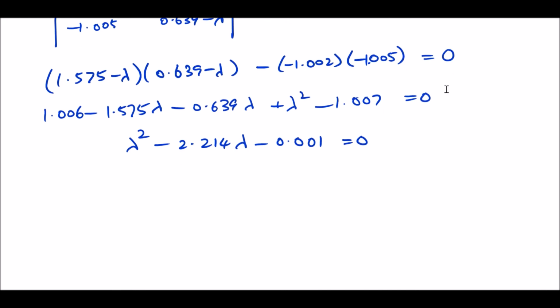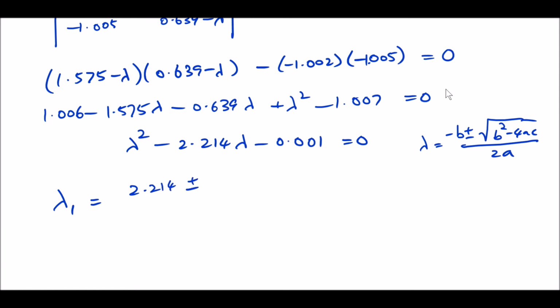This is a quadratic equation, so we have two lambdas. You know what to do: lambda is equal to minus b plus or minus the square root of b squared minus 4ac, over 2a. In this case, b is minus 2.214, and if I take the positive value for lambda 1, I take plus the square root of 2.214 squared minus 4ac. Since c is negative, 0.001 becomes positive, divided by 2.